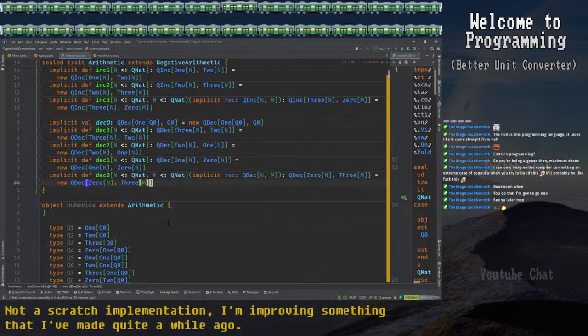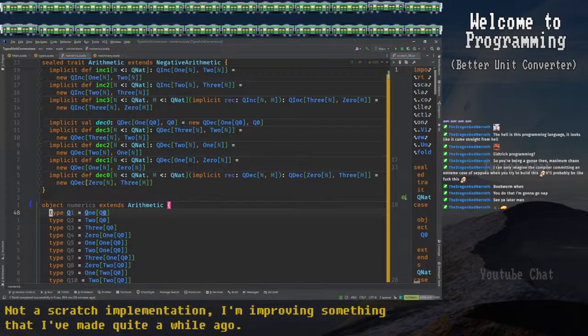I already have to deal with implicit, oh, what's it called again? Implicit priority. So all of my imports are going to be off of the numerics object. Then it'll find any implicits.